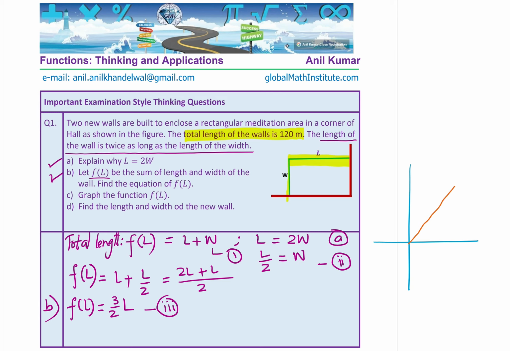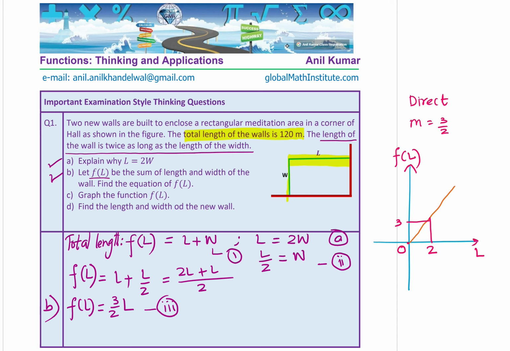We basically want the slope of the line m as 3 by 2. Is that clear to you? This is a direct function, correct? Going through the origin. So it goes through the origin, and you can take a point: when the x value is 2, the y value is 3, correct? So this is the function f of L, and here you have the length L. So that becomes the graph of the function.